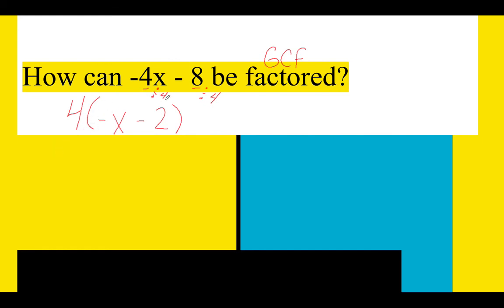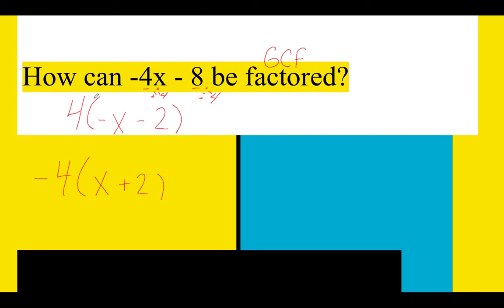Yeah, it's that negative sign, right? So instead of factoring out positive 4, you could factor out a negative 4. And when you do that, now I'm dividing both terms by negative 4. Negative 4x divided by negative 4 leaves me a positive x. And negative 8 divided by negative 4 gives me positive 2.